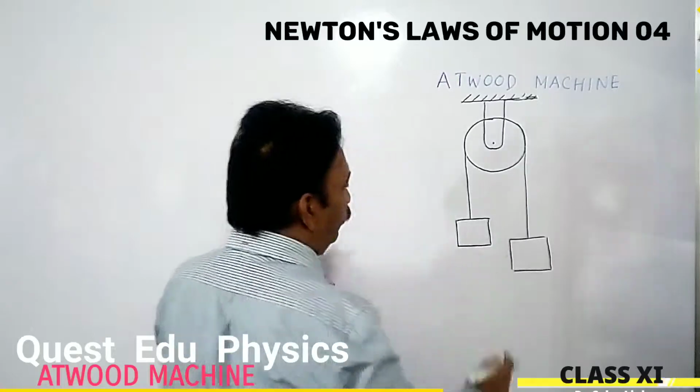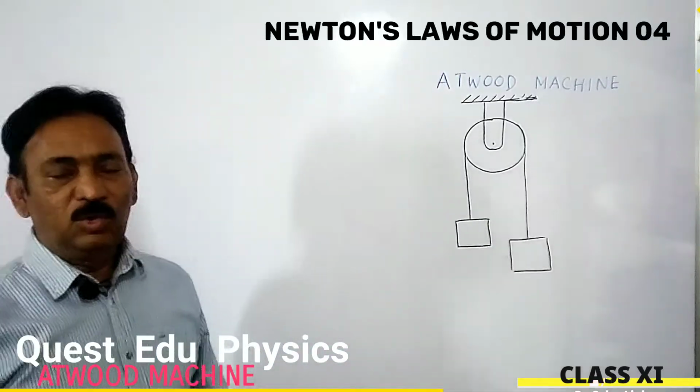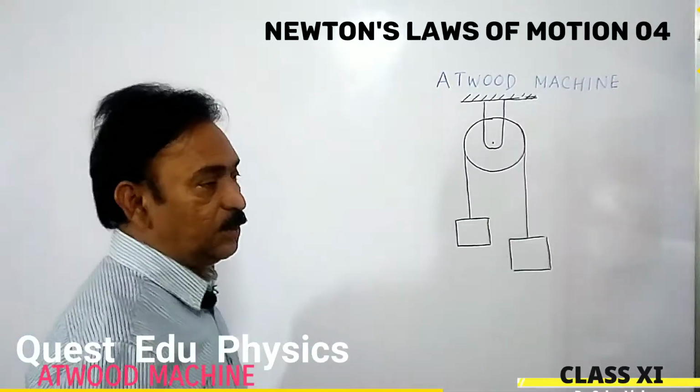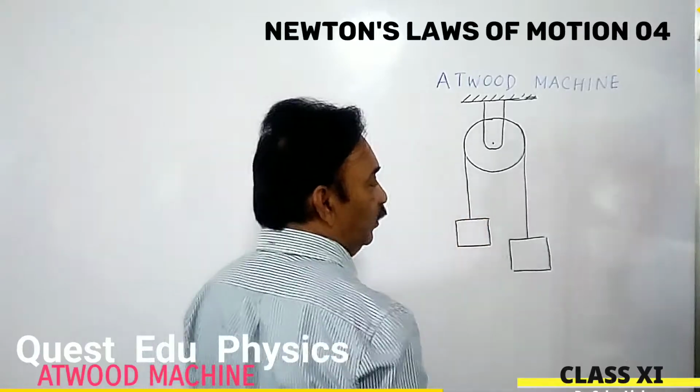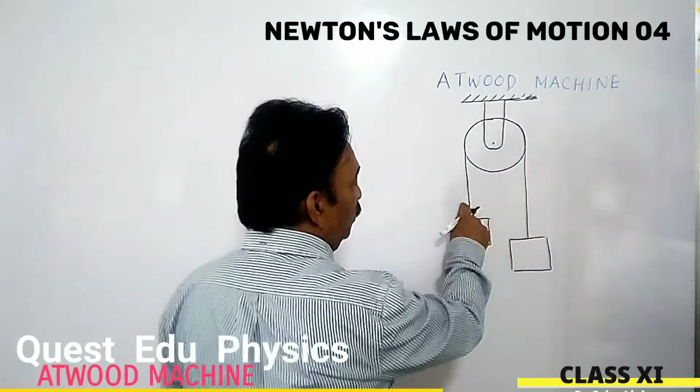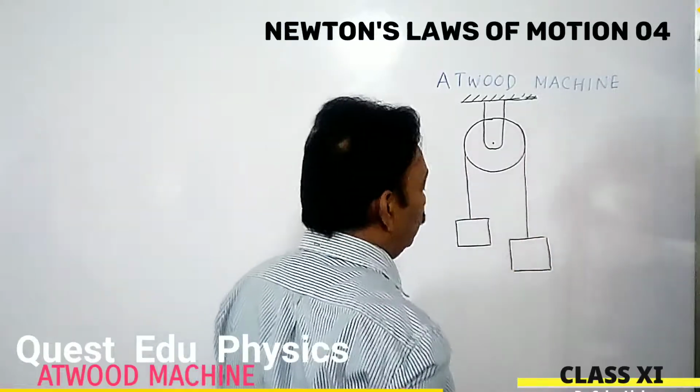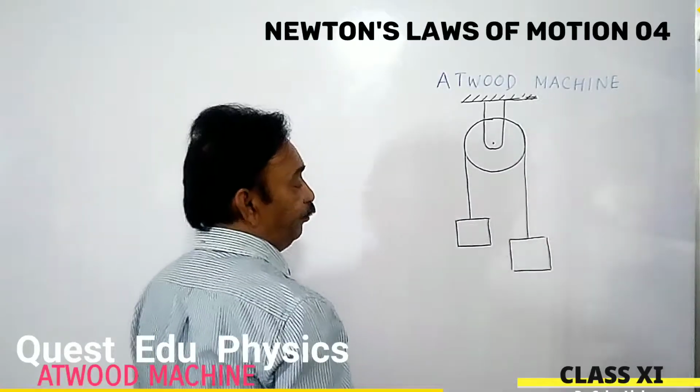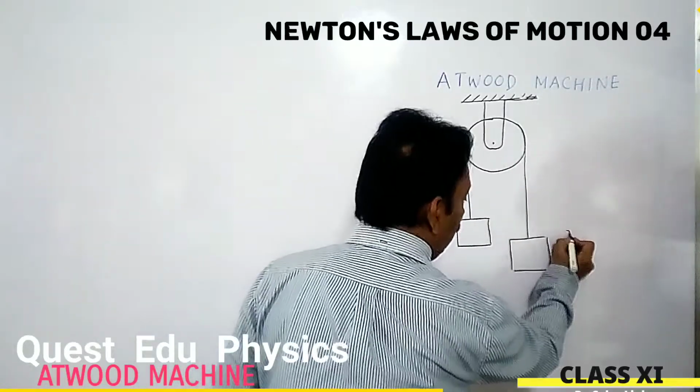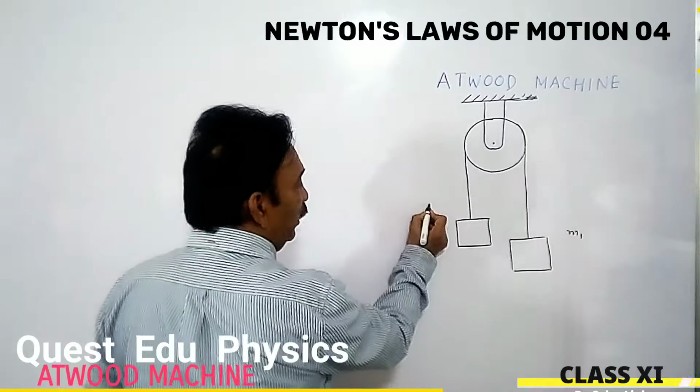Okay, these are the two masses which are suspended from the other end of the string which is moving over the pulley. Let's say it is M1 and it is M2.